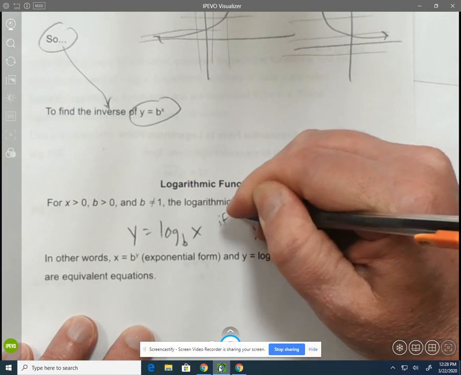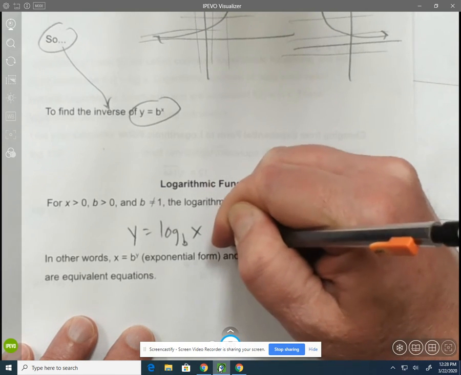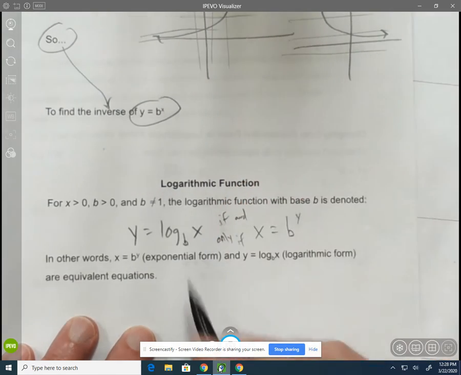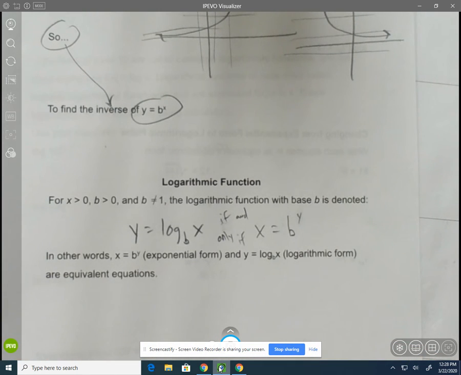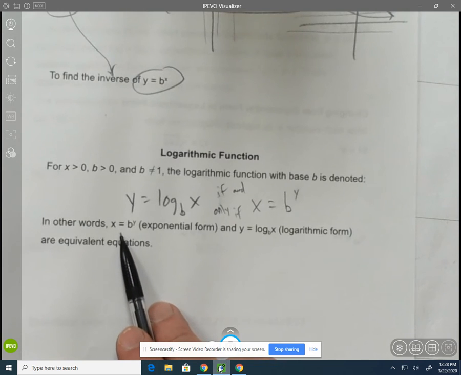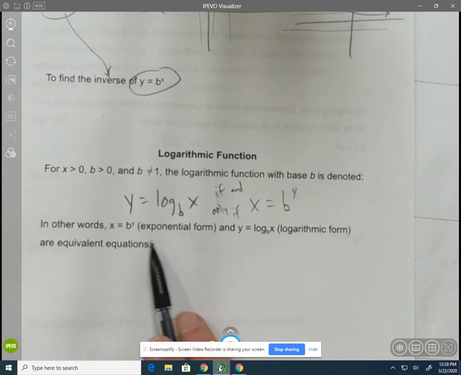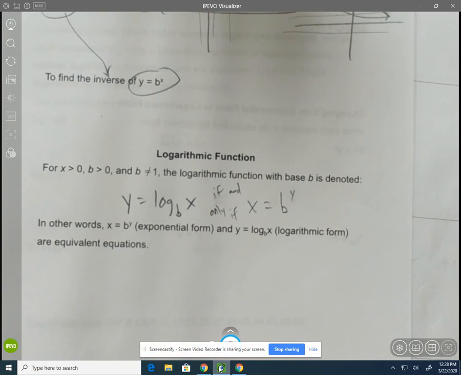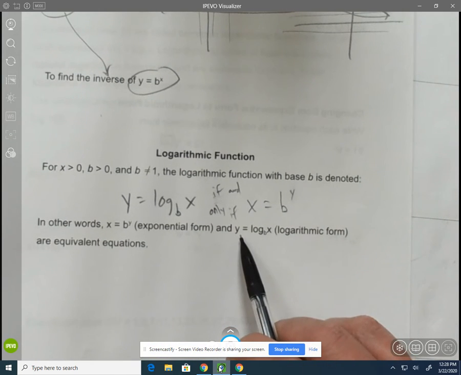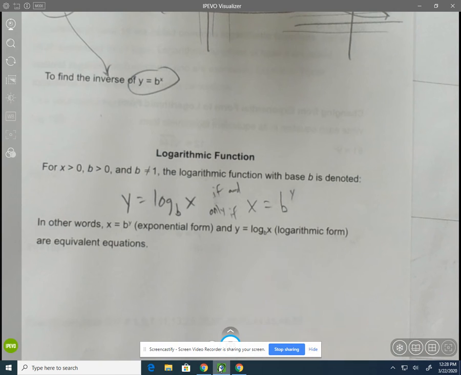We'd say if and only if. So this equation is true if and only if this equation is true. In other words, if I have an exponential equation, x equals b to the y power, I can rewrite that as y equals log base b of x.